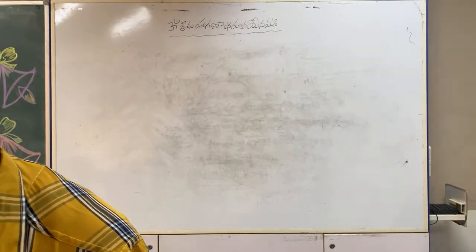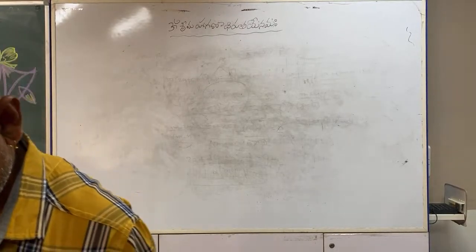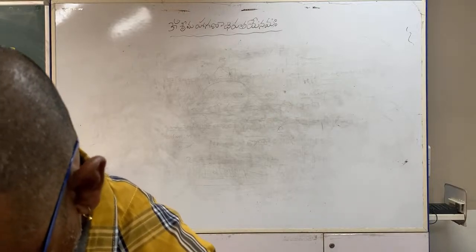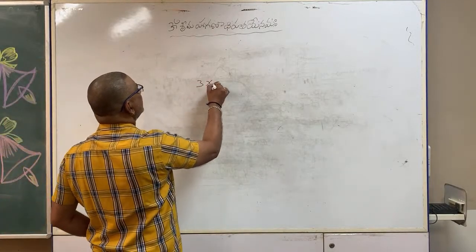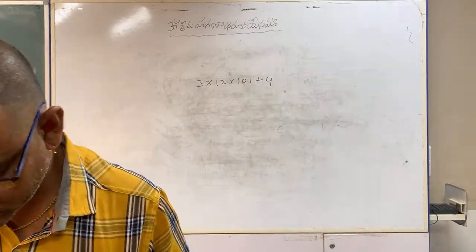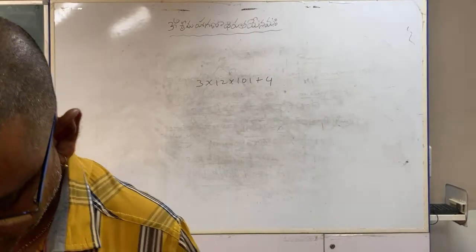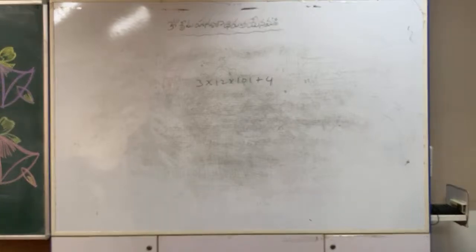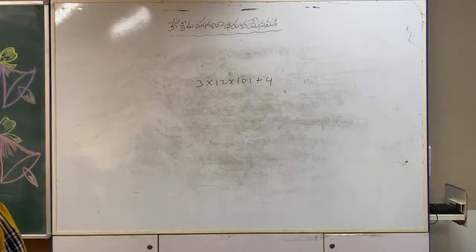Next question. 24th question. Explain whether 3 into 12 into 101 plus 4 is a prime number or a composite number.